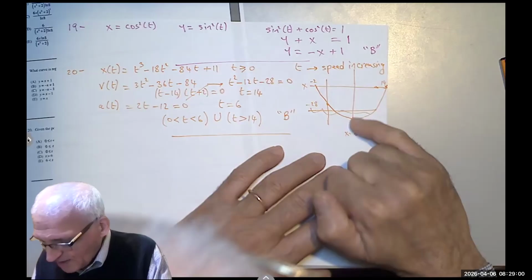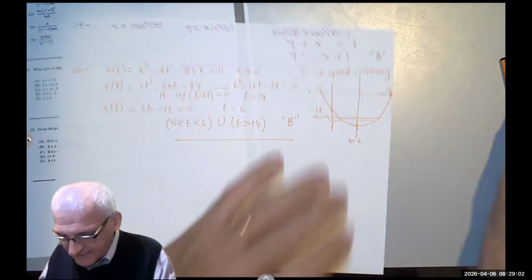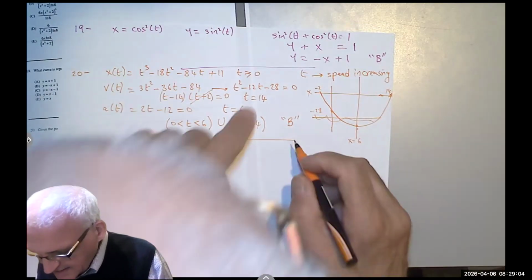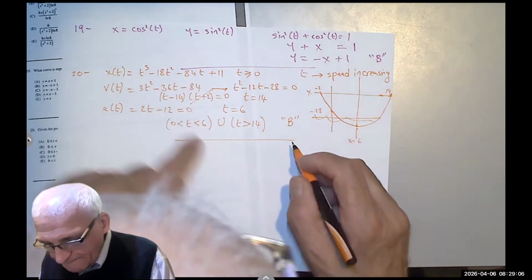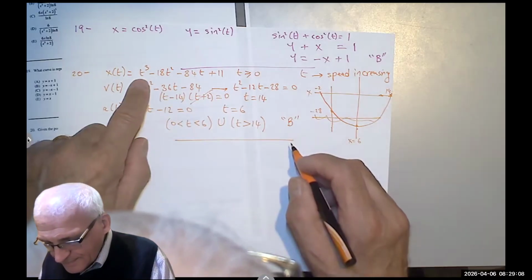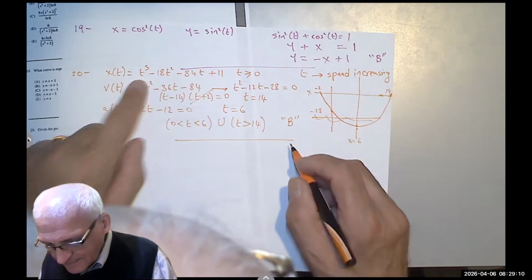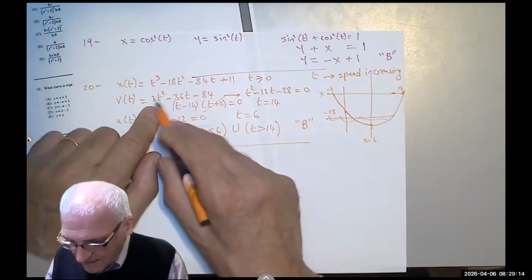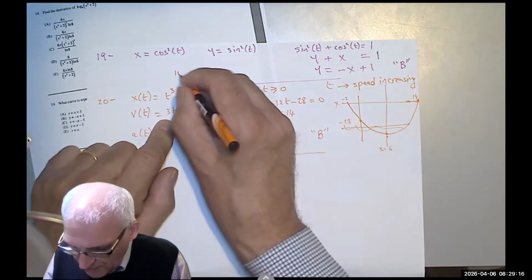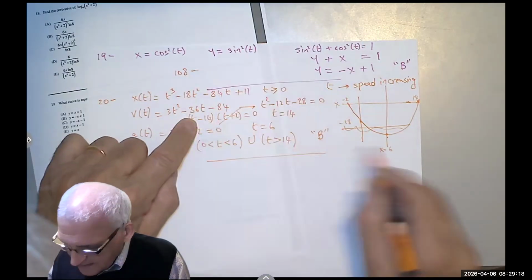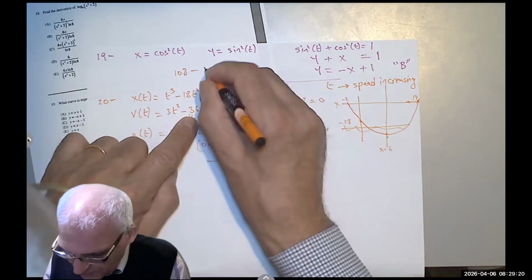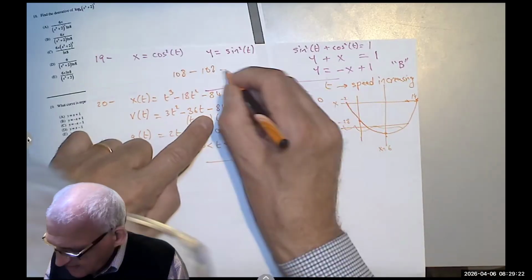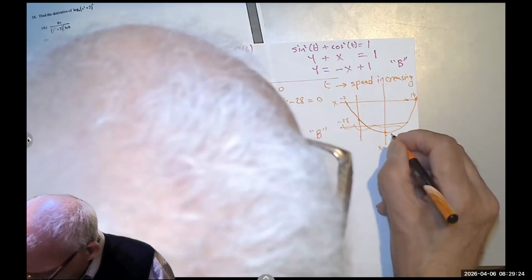So even though you are moving, we can calculate the velocity at 6. 3 times 36 is 108, minus 84. So this is negative 84.